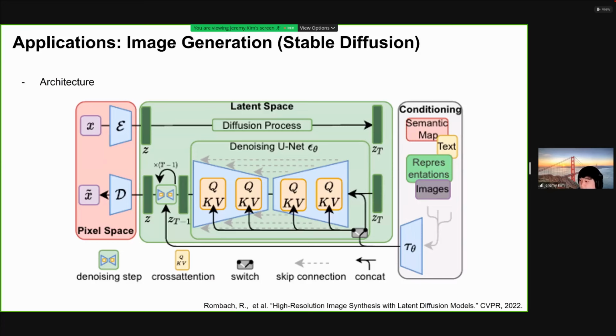The forward and backward process in Stable Diffusion happens in the latent space rather than the pixel space, so the computing cost is reduced, but the details are preserved in the latent space. In addition, it leverages cross attention to utilize conditions such as semantic map, text, etc. In this talk, we focus on conditional generation in various applications.